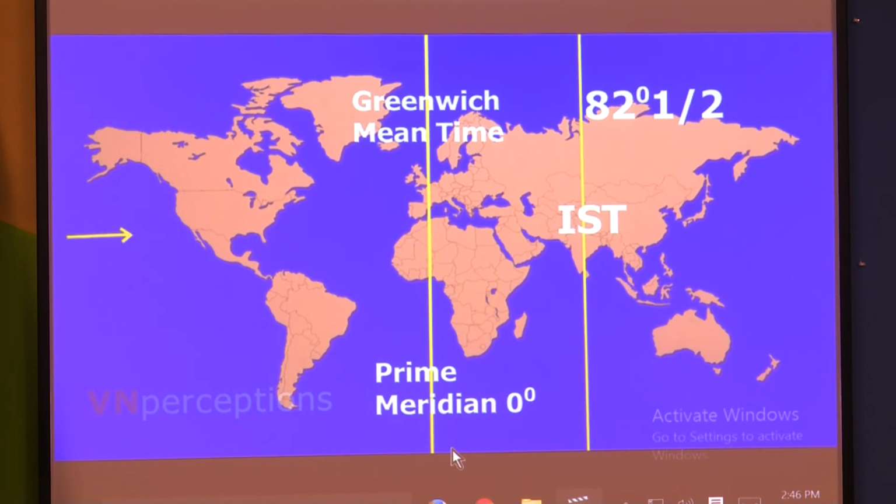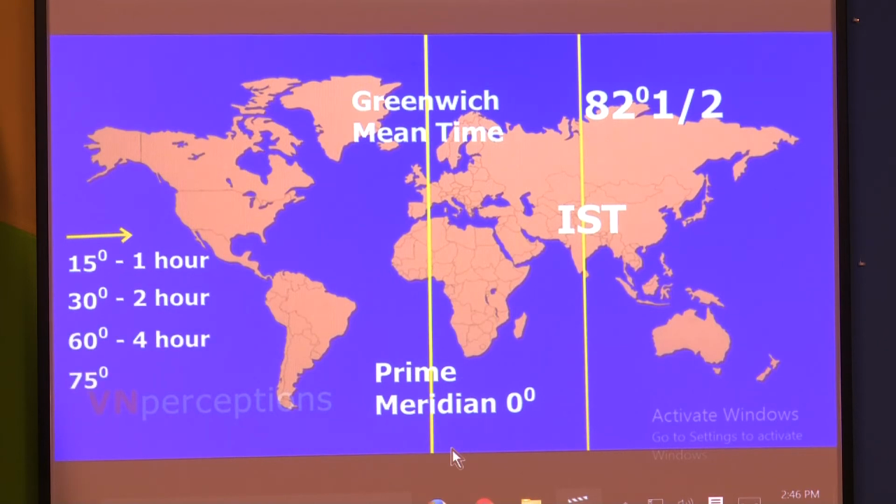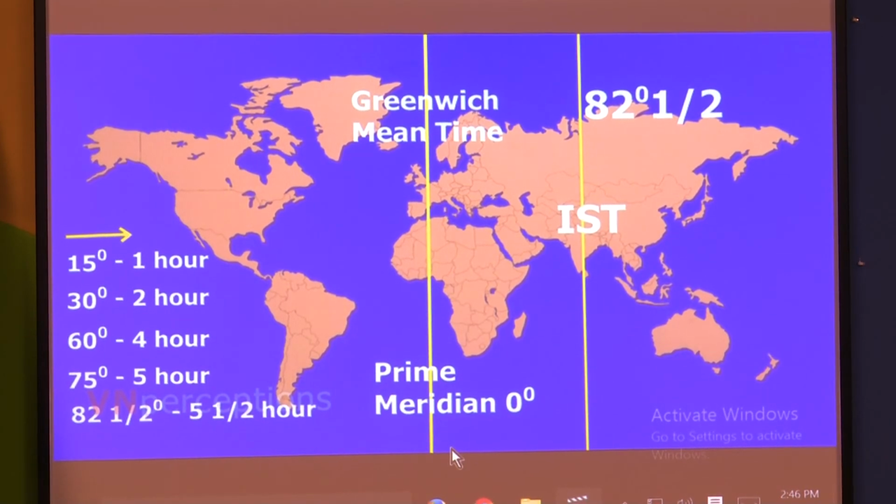Because if we travel 15 degrees, the time difference is 1 hour, 30 degrees, 2 hours, 60 degrees, 4 hours, 75 degrees, 5 hours, and 82.5 degrees, that is we are adding 7.5, so the time difference will be 5.5 hours. So if it is 12 noon at the prime meridian, in India the time would be 5:30 p.m.